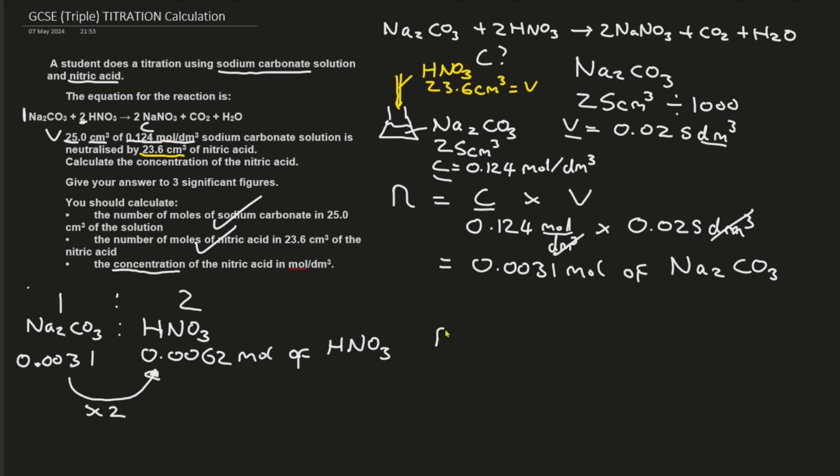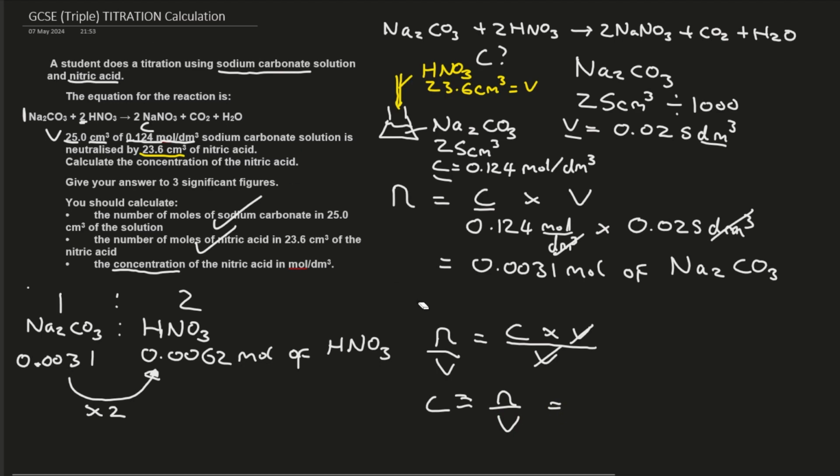So N equals C times V. If I divide both sides by volume, that side cancels out. And so I've got my concentration, which is C equals N over V. And so that equals, oh, goodness me, let's sort that out. And that should give you an answer of the following.